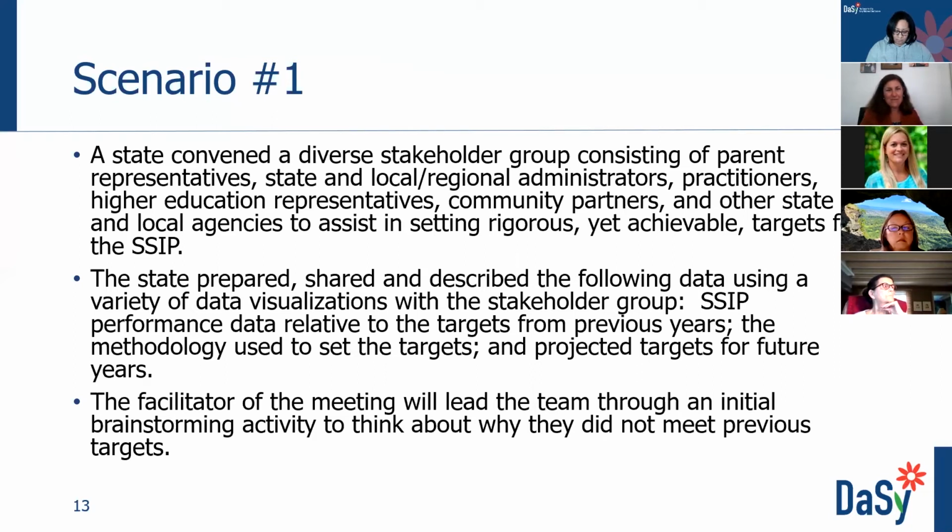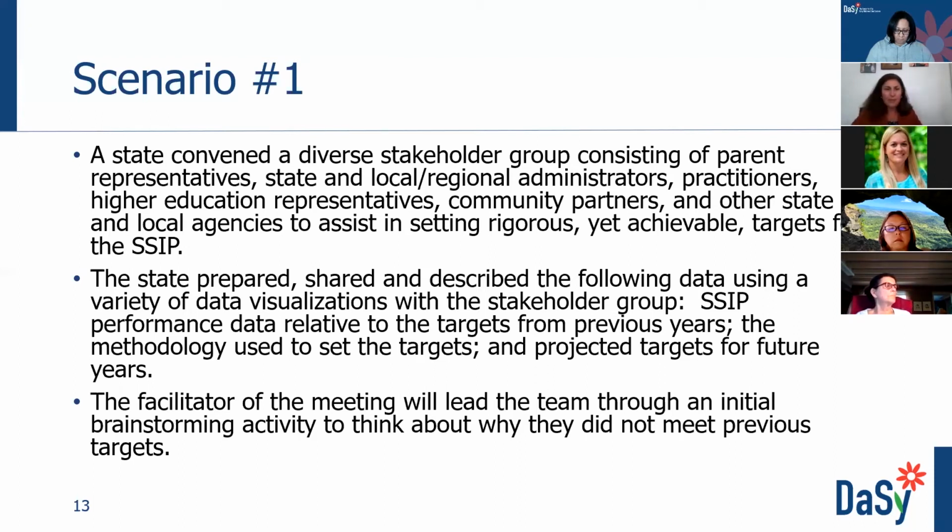Scenario number 1 for you to think about and consider is that a state has convened a diverse stakeholder group consisting of parent representatives, state and local regional administrators, practitioners, higher education representatives, community partners, and other state and local agencies to assist in setting rigorous yet achievable targets for the ESSEP.